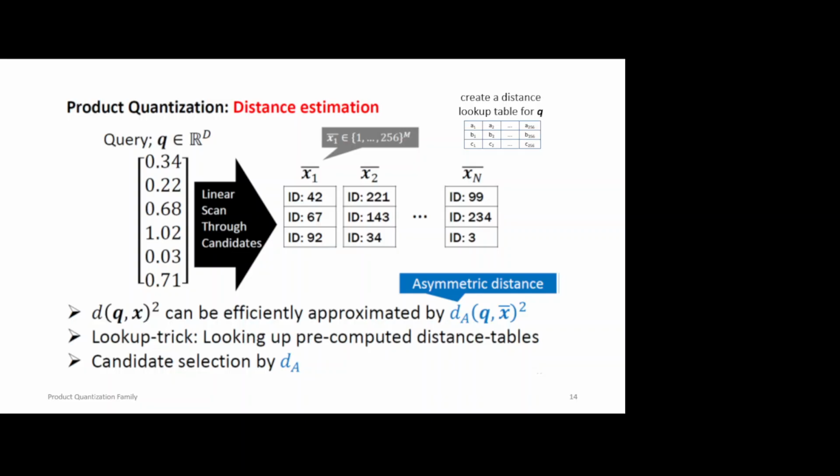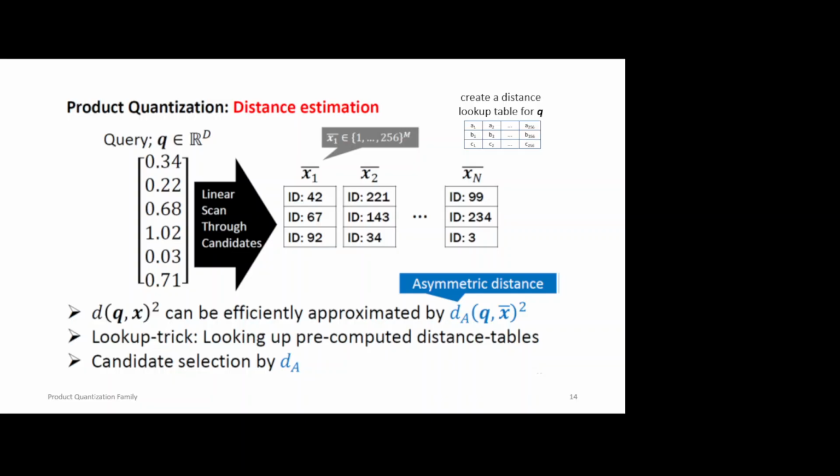First we consider the first row, which is about your first segment. We have 256 centroids, and for each centroid we can compute the distance with the first segment of query Q.